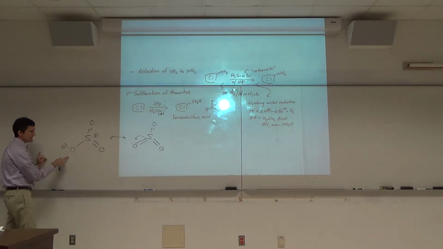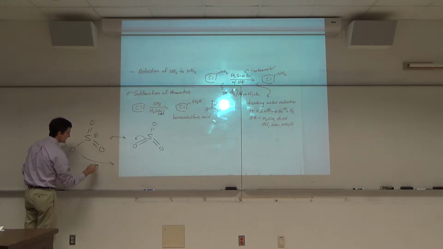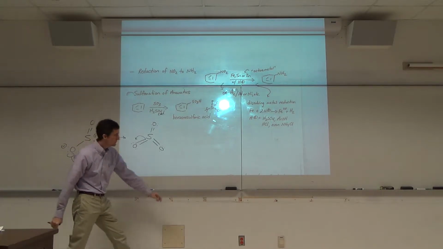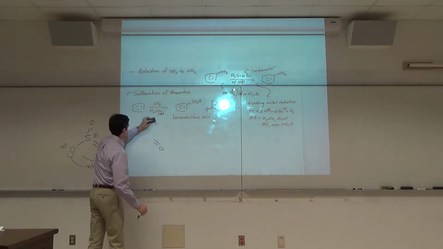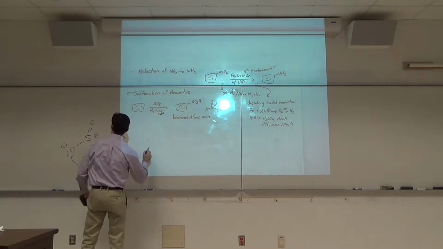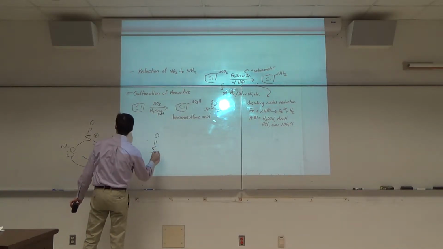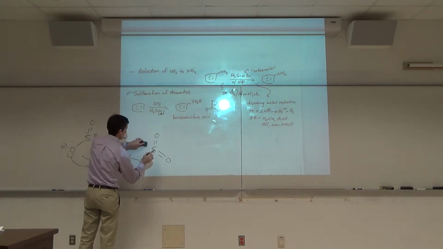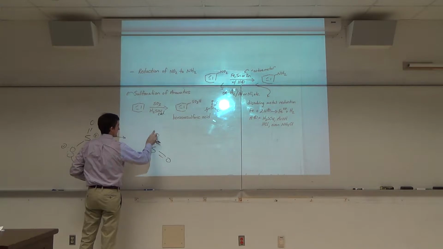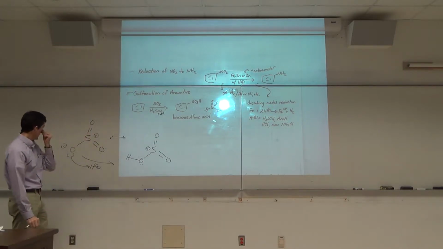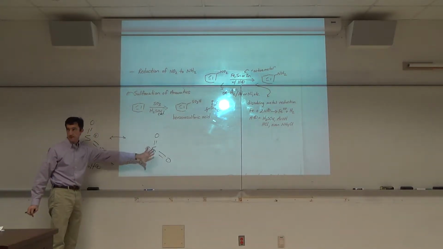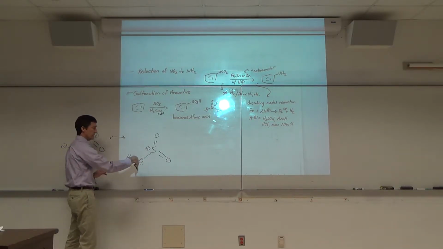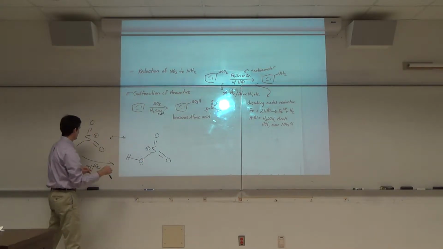But if we protonate this guy here with our H plus catalyst, we now make a cationic species. Now this is apparently electrophilic enough that the ring will attack it.